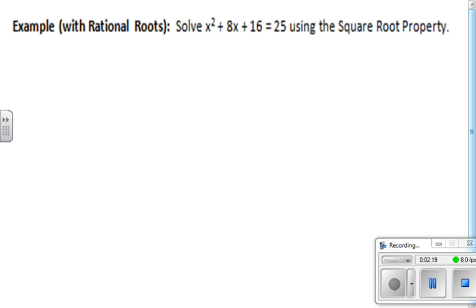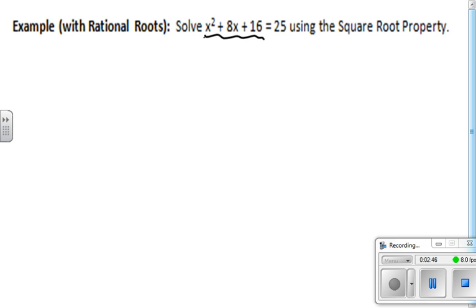If we want to solve using the square root property, this is a case where we have rational roots. So in this case, this is our equation. We have x^2 + 8x + 16 equals 25. So the first thing we have to do is factor this side to get it down into that square form that we were looking for.